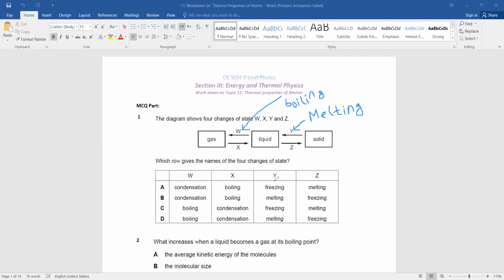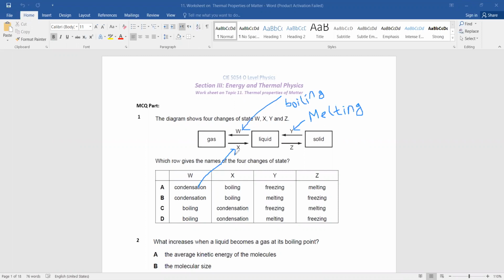That means it's turning from vapor to water. That time what happens? It's called condensation. Yes, this one is condensation, right? I'm showing with an arrow directly from there.